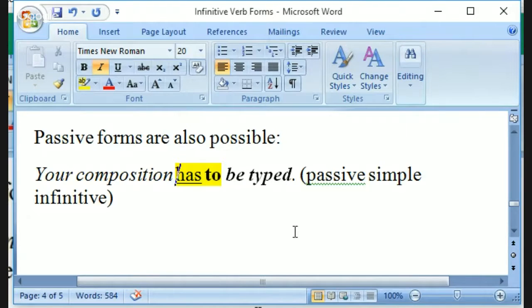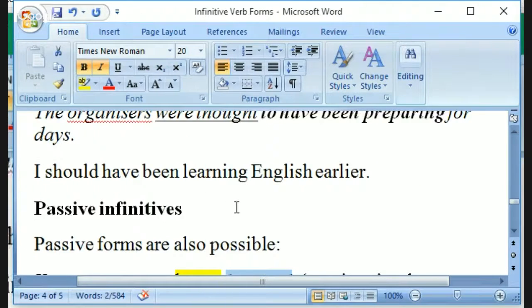It's a lot easier for me to think of it as a compound modal. That's one thing. And then followed by a passive simple infinitive. So to has nothing to do with it. That's part of the modal, really. All modals need to be followed by an infinitive, whatever it is.